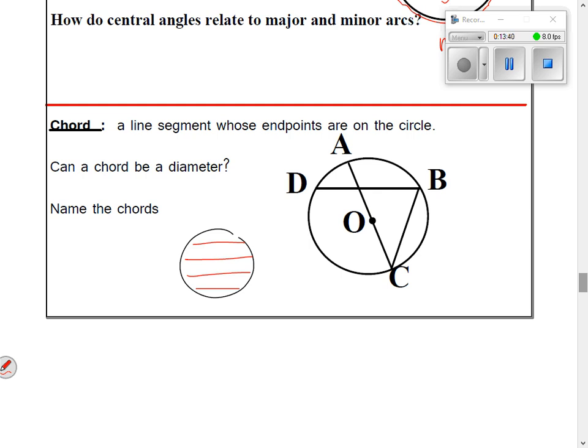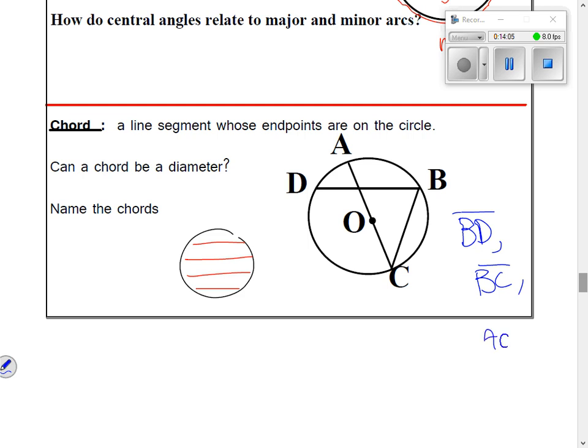So how many chords do I have in this diagram here? Let's name them. I'll name one of them for you. BD is a chord. All right, it's a segment. Name another one. BC is a chord. And the last one? AC.